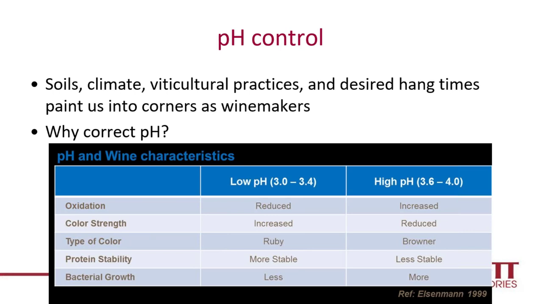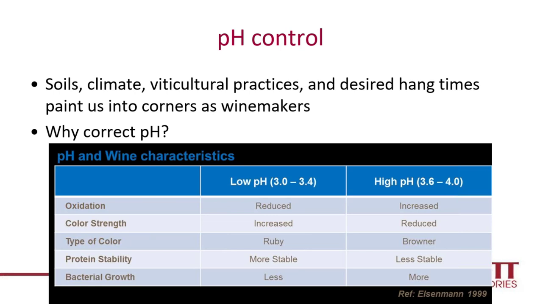Hitting some sugar level in order to determine ripeness has driven a lot of viticultural decisions, and it's painted us into a corner. Being so focused on sugar and not pH has led to some really high pHs, and in my opinion, just unbalanced wines.